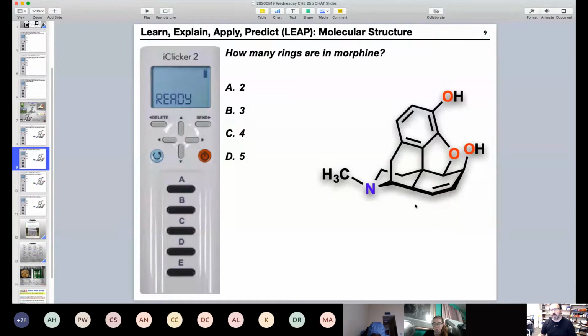So this collection of carbon, hydrogen, oxygen, and nitrogen is a pain reliever. That's pretty wild, because if this OH group wasn't here, that's a different molecule, and we don't know if it has the same pain relieving properties. The shape of the molecule is very important for interacting with enzyme drug sites within your body.